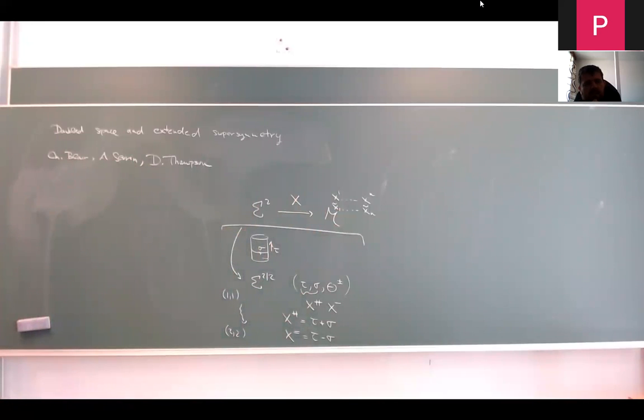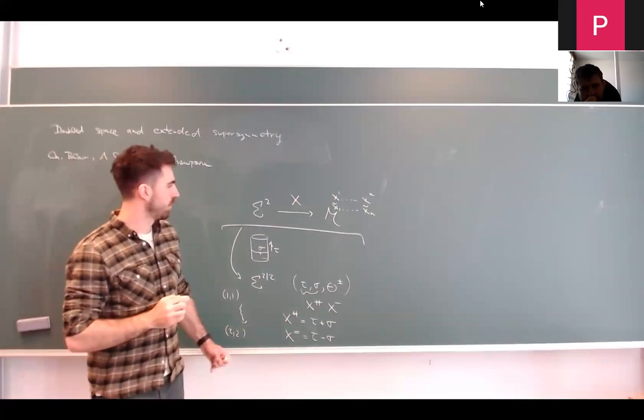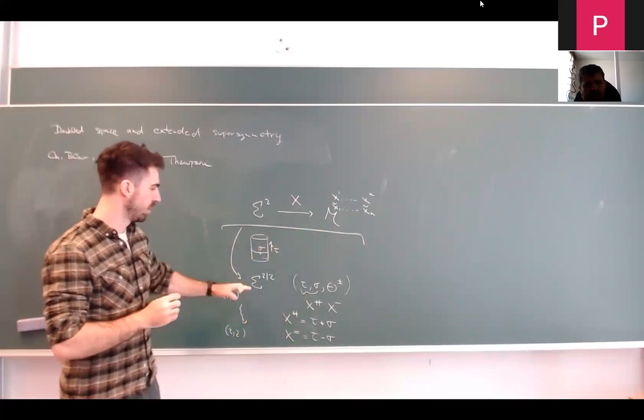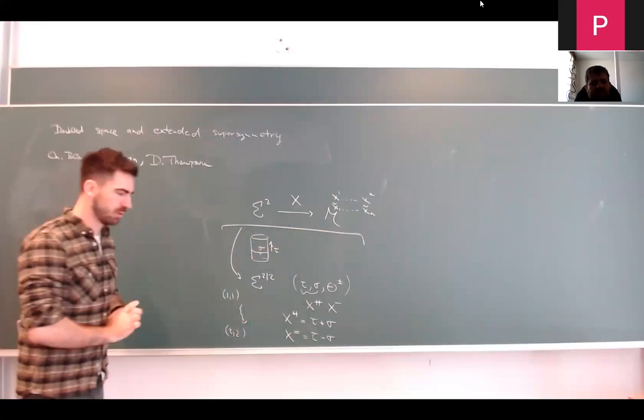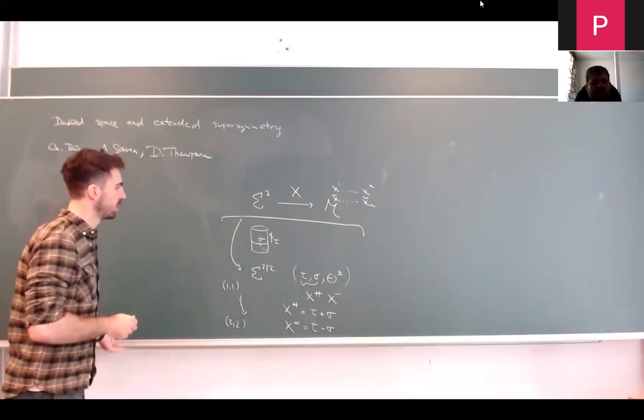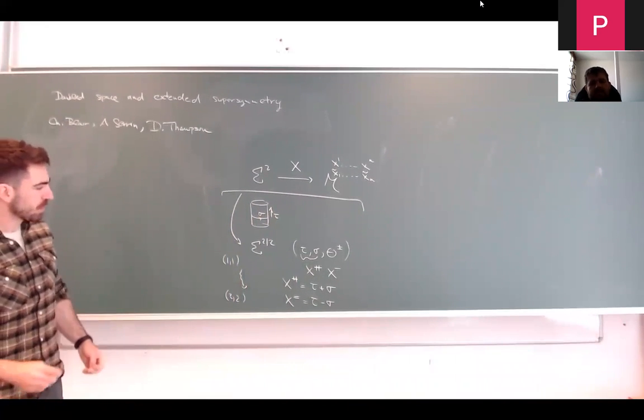So these are these two secret symmetries of string theory, which you can make more geometric via extending the target or source. And the natural question is, can you do this together? And if yes, what is the model describing the dynamics of the string?